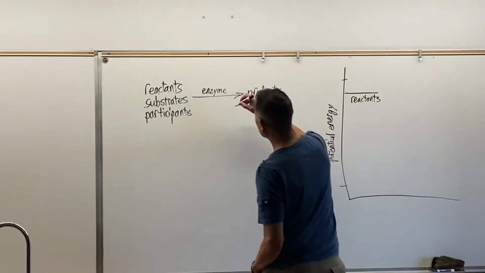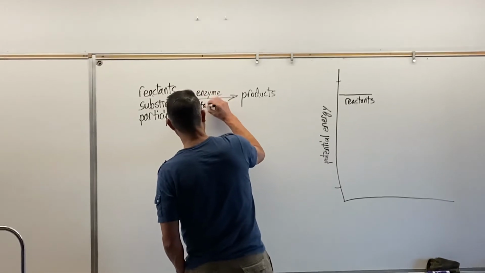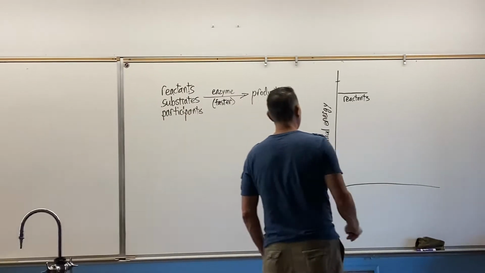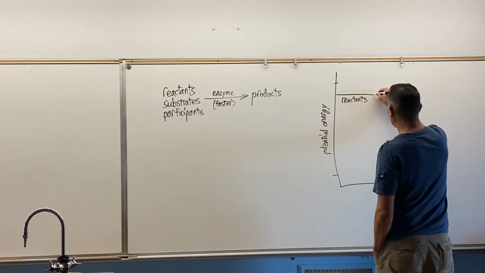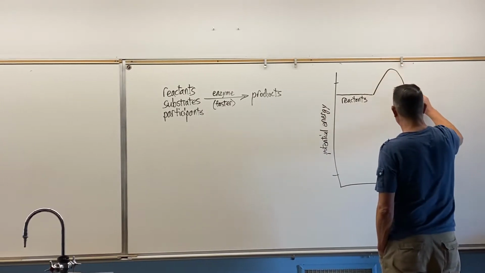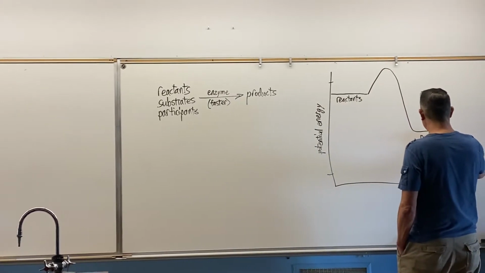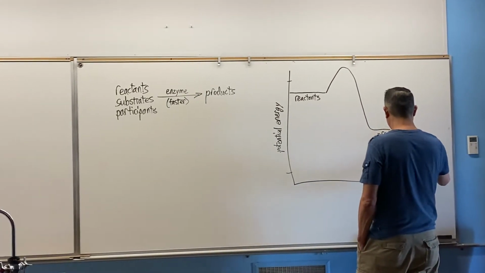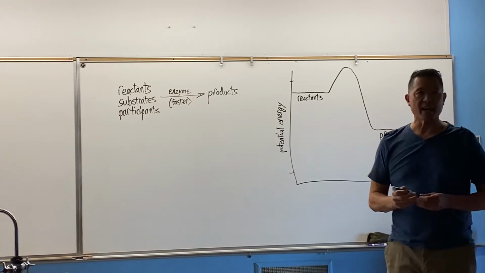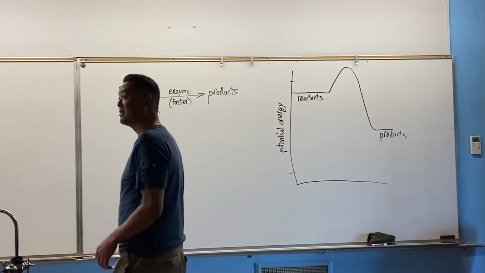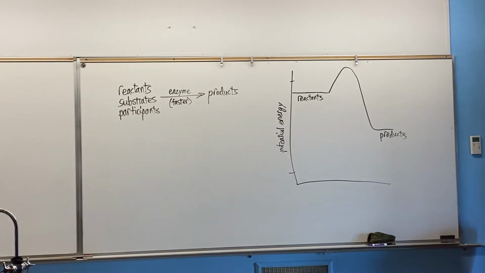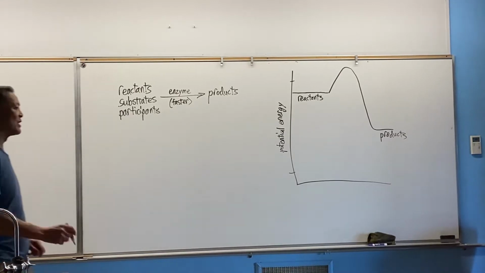Okay? How does it go faster? Well, here are the reactants at this level of potential energy. It's got to go through a chemical reaction to become products down here. The activation energy of a chemical reaction is the hill.